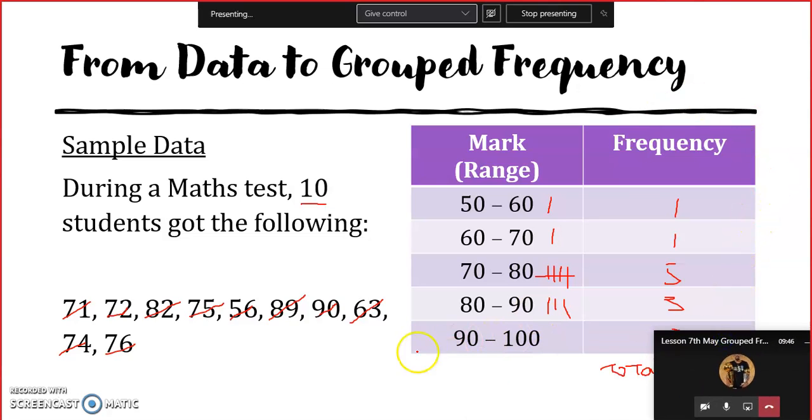Okay. Now, let's look at the next example. This one is basically how do we get from data to a grouped frequency table. You can also work backwards, although you might not be able to find a precise number, but you know which range it falls into.